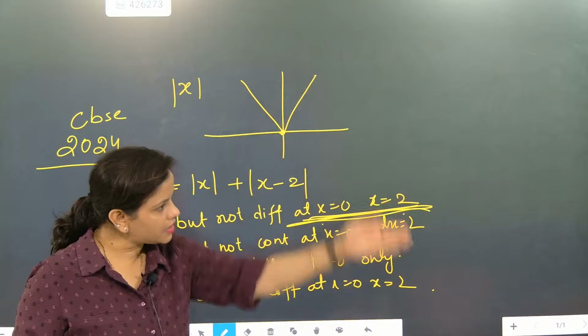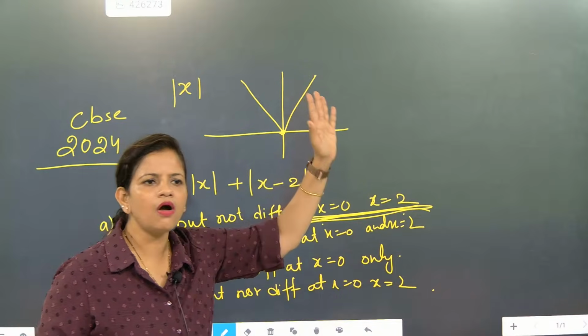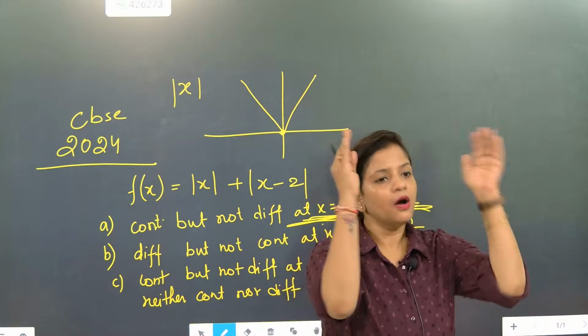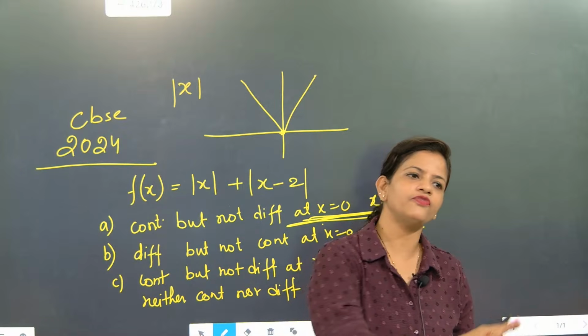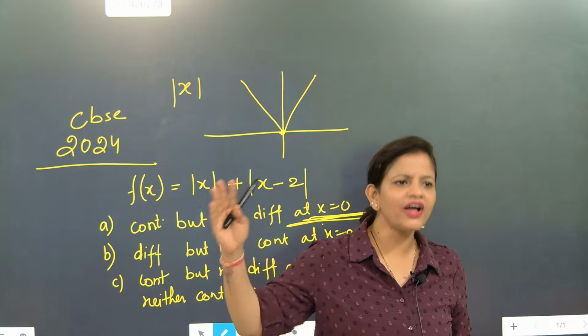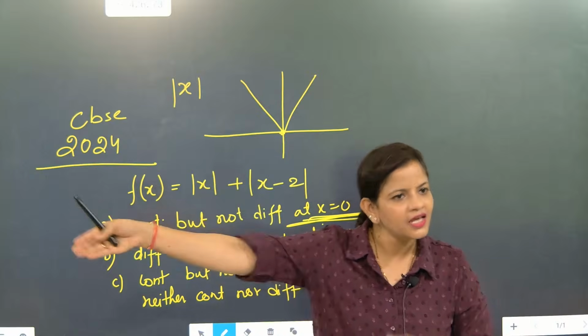Coming here, going there, at the contact point differentiability is gone. So simple, why should we solve and waste time? Modulus is continuous everywhere. Differentiability you can find here and there, but not at the point where it touches the x-axis.